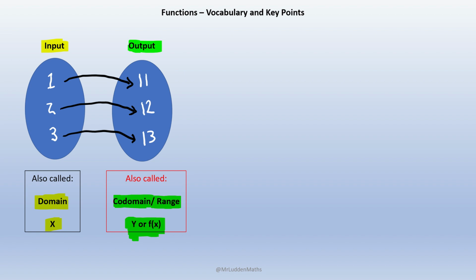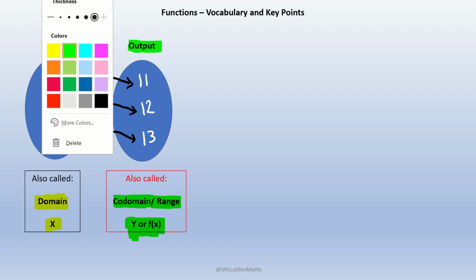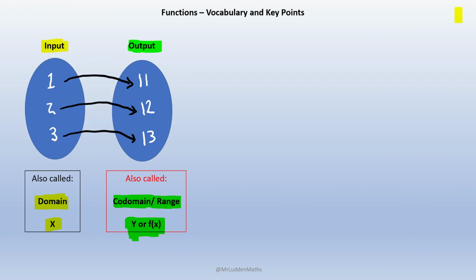Now, as an aside, what you might be asked to do is describe the relationship between your inputs and your outputs. As you can see, if we took our first pair in here, and this is where my vocabulary comes in, to get from 1 to 11 mathematically, there's a couple of things I could do. I could add 10, I could multiply by 11, and then I could do some more complicated stuff.